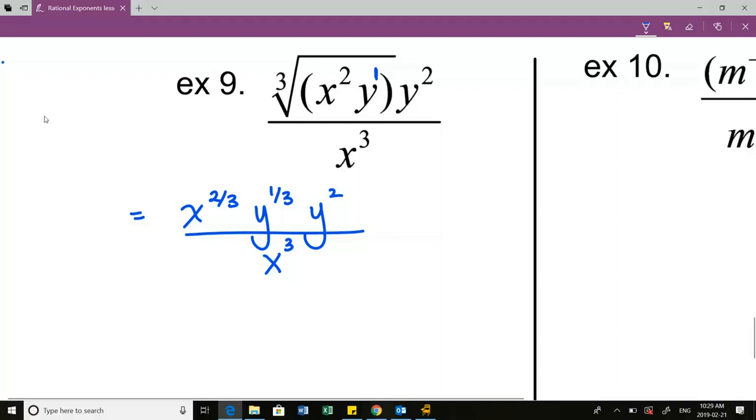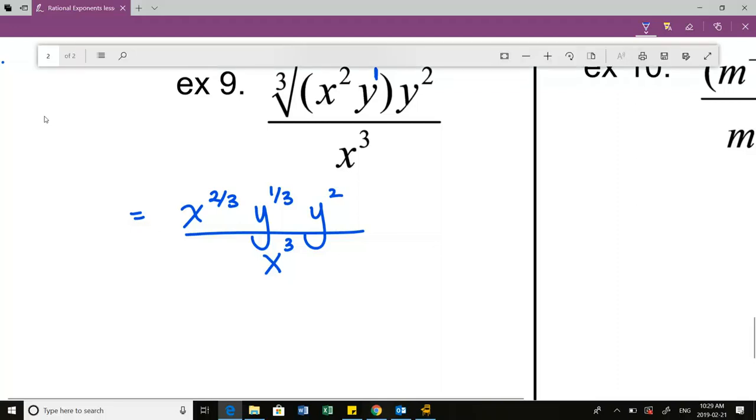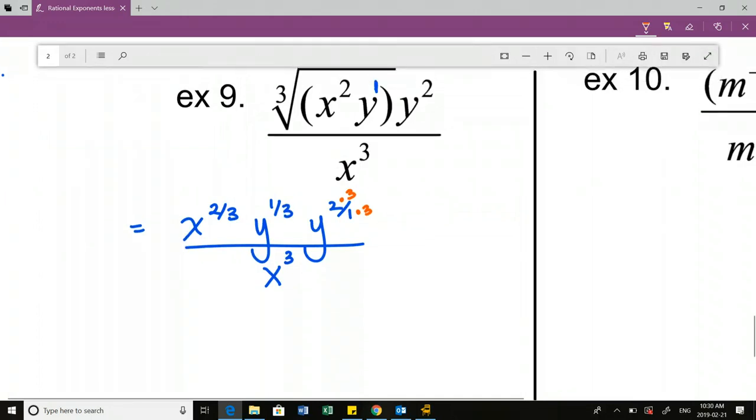When I add fractions, I need common denominators. Okay, so what's the current denominator of 2? 1. Okay, good. So I need both of these. I think the common denominator between 1 and 3 is 3, right? So I'm going to multiply the bottom of this and the top of this guy by 3 so that I can get a common denominator, because eventually I have to add these.